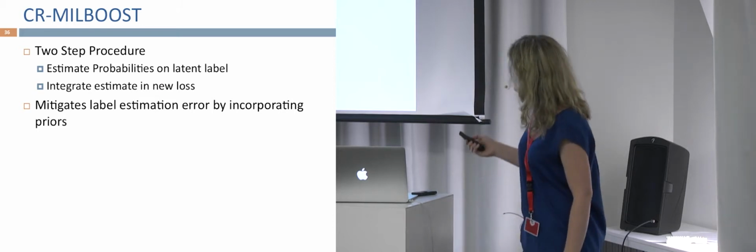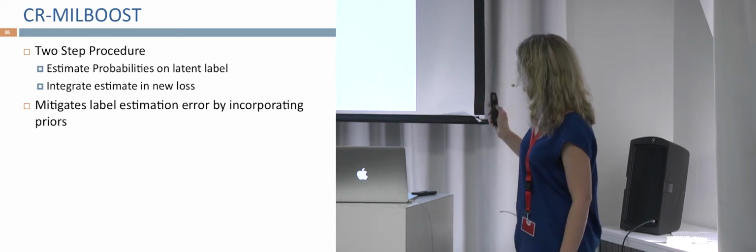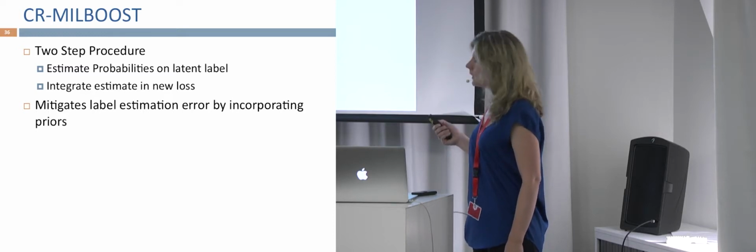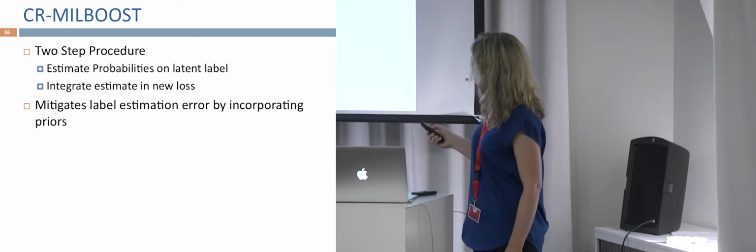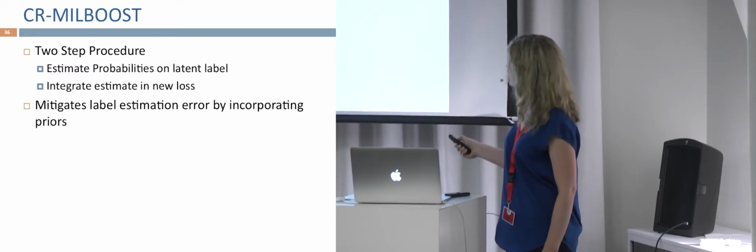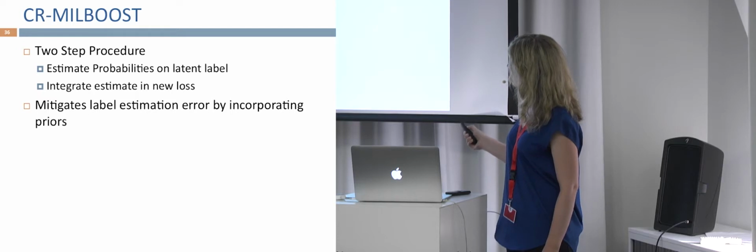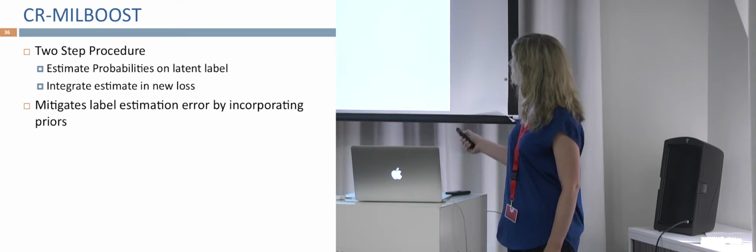Okay, so what's our method? Because we want to be able to handle noisy bags, we're actually going to do a two-step procedure. In the first step, we're going to estimate the probabilities on the latent label, the way I showed you now. And then in the second stage, we're going to integrate this estimate into a new loss.